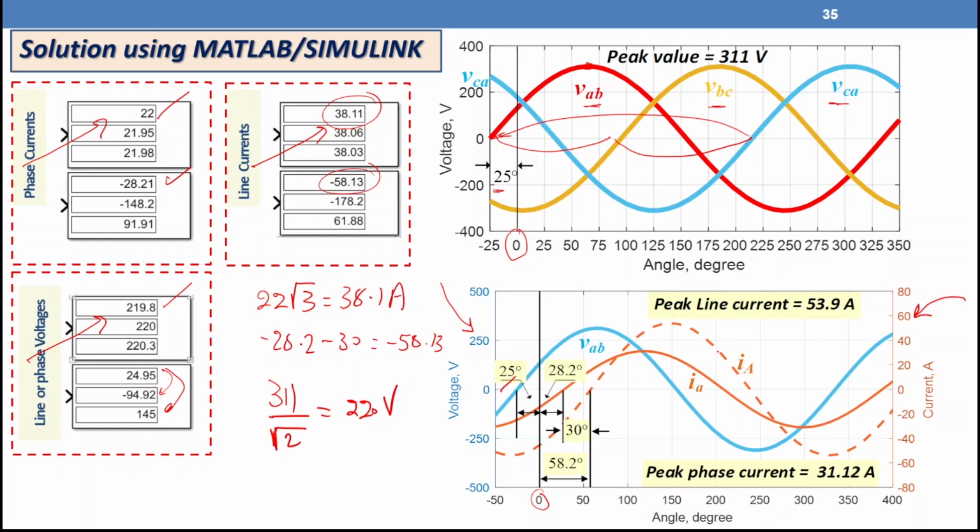The dashed line is the line current, peak value 53.9, lagging the phase current by 30 degrees. From the 0 point, it will be 58.2. 53.9 divided by root 2 gives you 38.1 ampere. And 38.1 ampere, if you divide it by root 3, gives you the phase current value.